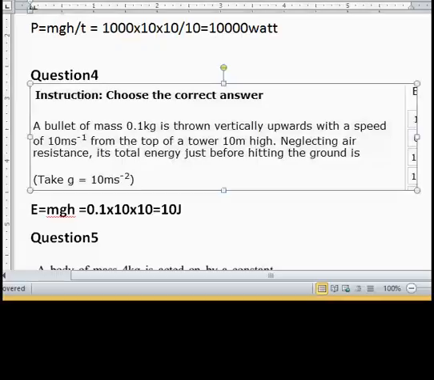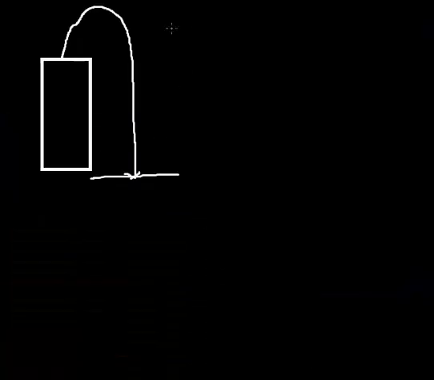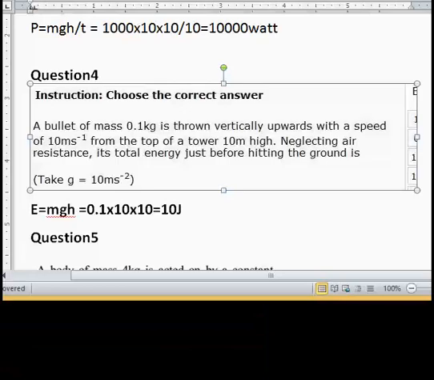So it then returns directly to the ground. From what the question stated, the mass of the bullet is 0.1 kg. What again do we have?